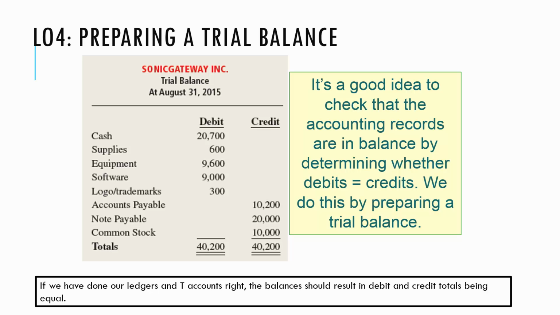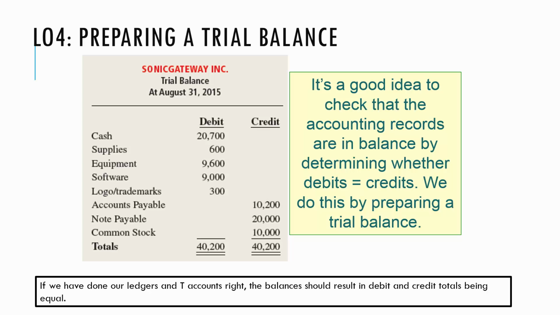Now, the index card balances or the T account balances, we're going to use those balances to prepare what we call a trial balance. The reason we're doing this is to make sure that our debits and credits are equal, and so that we can review the balances in the accounts to see if they make sense.